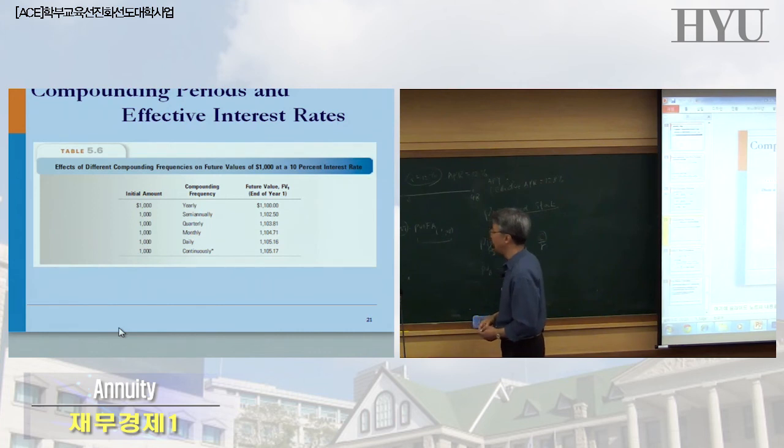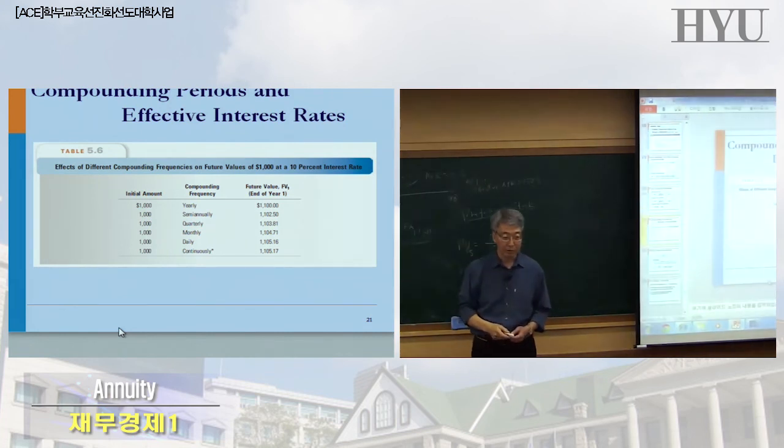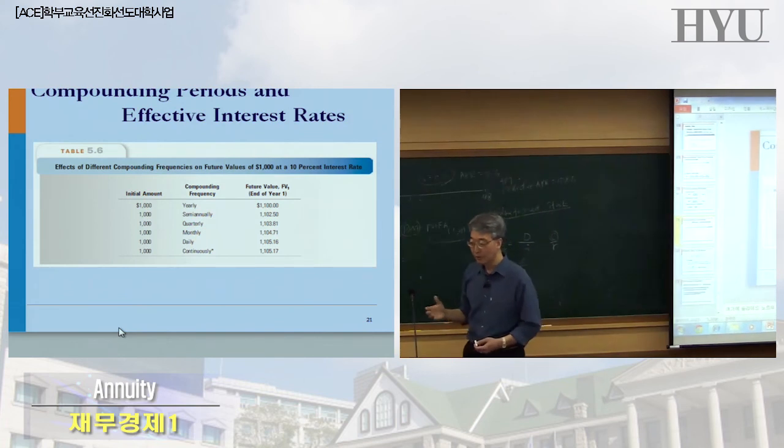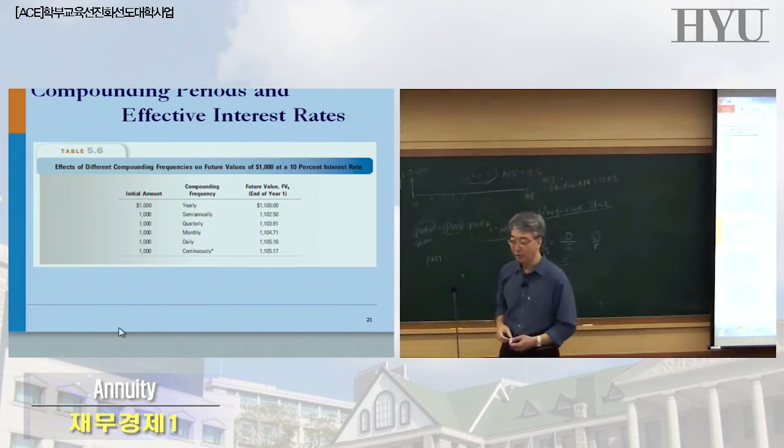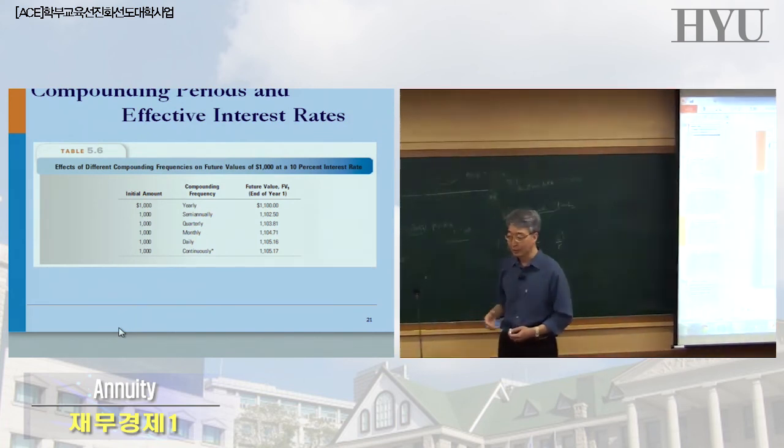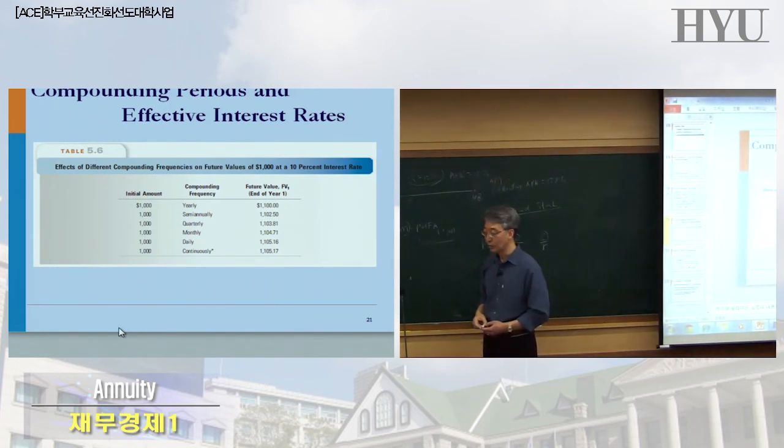What happens is, even if you use the same annual interest rate of 12%, the question is how often you compound. Do you compound monthly or daily or continuously? Depending on how often they compound the interest, the total interest payment increases. So here's an example.